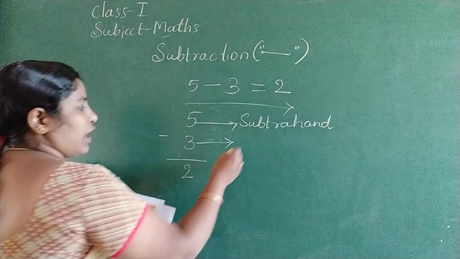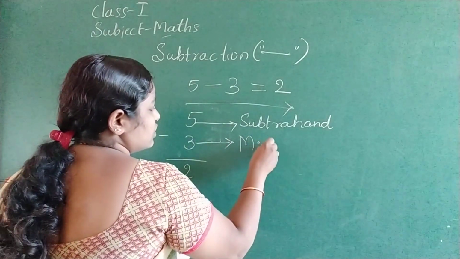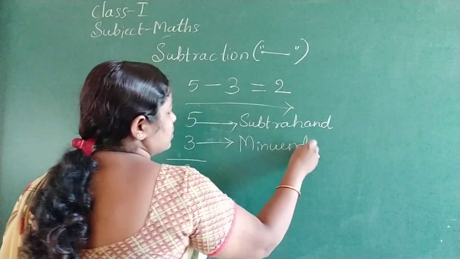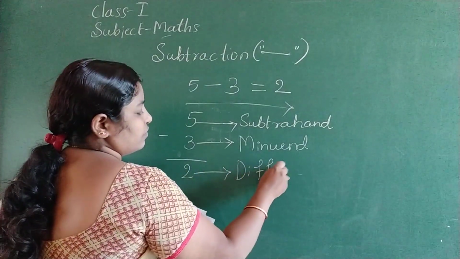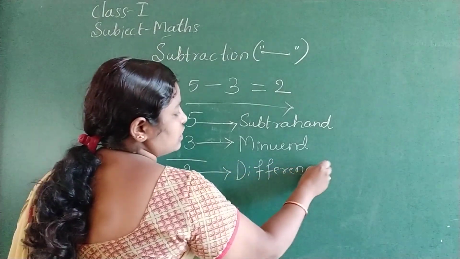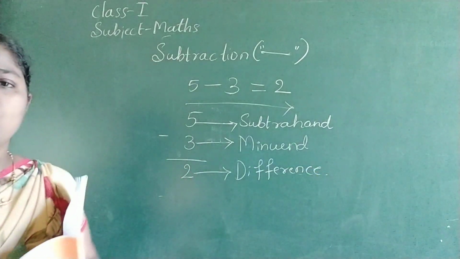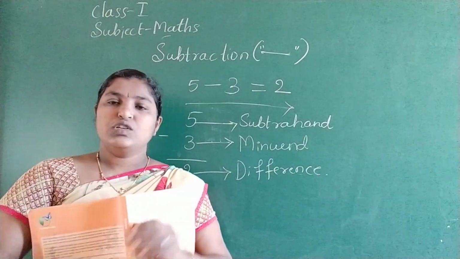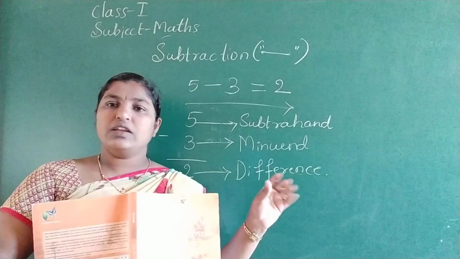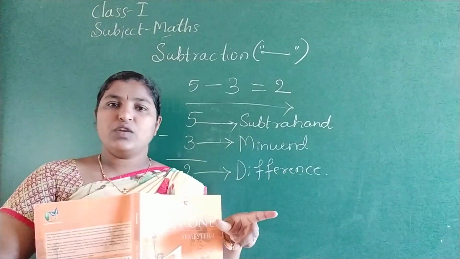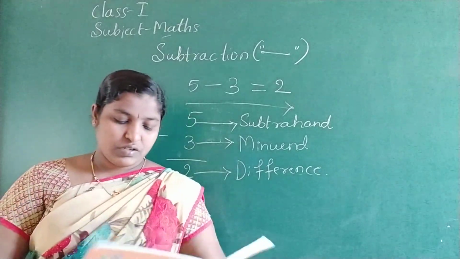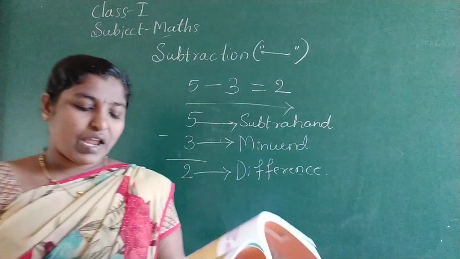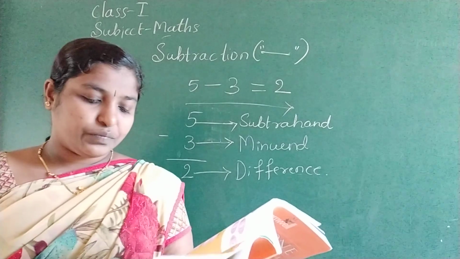That is the subtrahend. This is the minuend and this is the difference. What answer we will get? This is known as difference. So the big number is subtrahend, the small number is minuend and the answer is difference. So we have done the subtraction horizontally.